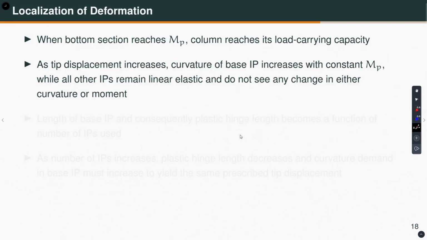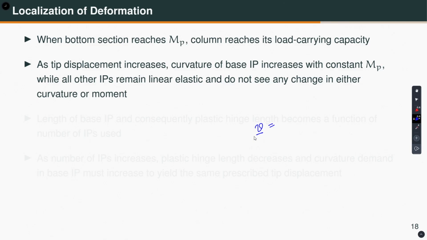Now, as the tip displacement is increased, I am applying more and more displacement. What should happen? The curvature of the base integration point increases with constant Mp. Why? Because if you recall, for the force based element, I have derived this using the principle of virtual work that the V, what is V?